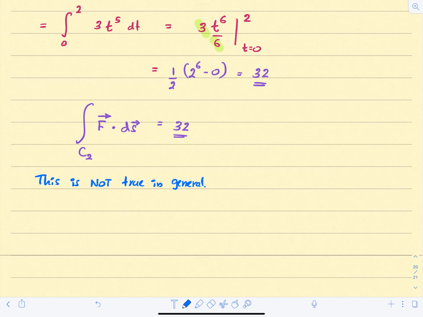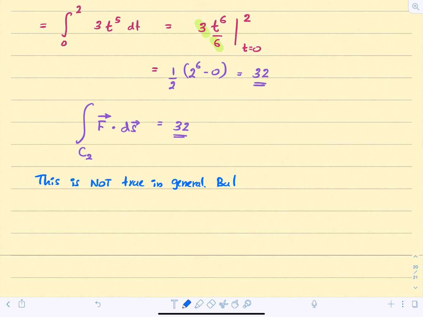It means sometimes, for the same initial and terminal points, if you calculate the line integral along two different paths, you can get two different values. But in this case we got the same value.